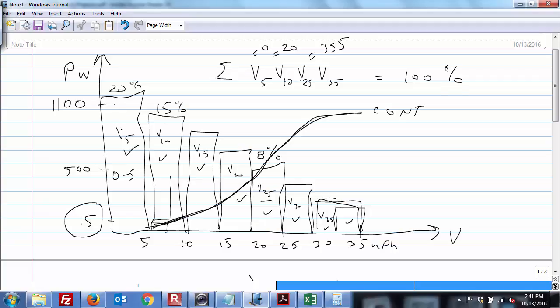And maybe, gosh, we'll just say 3% of the time the wind is blowing 30 miles an hour or greater. And you're going to get a lot of power up here, but it's just not going to happen for very much time. So that's how to do that problem.